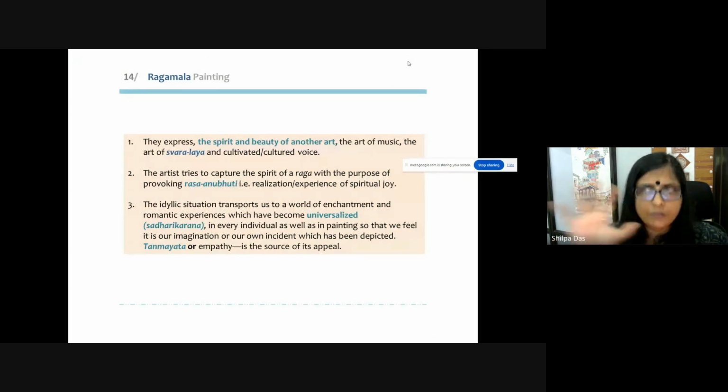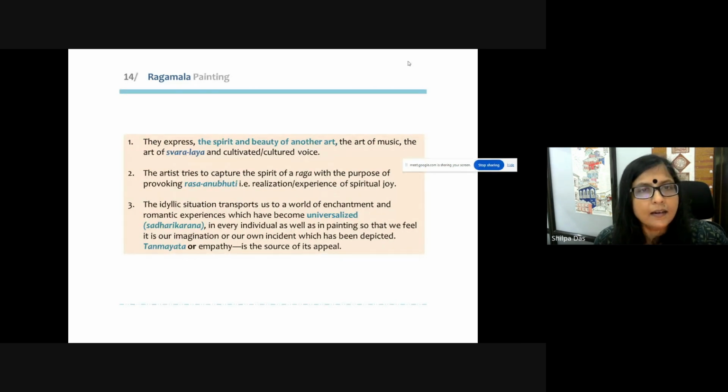But before we come to the actual images, just 3 slides where I'll talk a little bit about Ragamala paintings and introduce you. Besides the visual, they are talking about the spirit and beauty of music, the art of Swara Lay, as it is called.